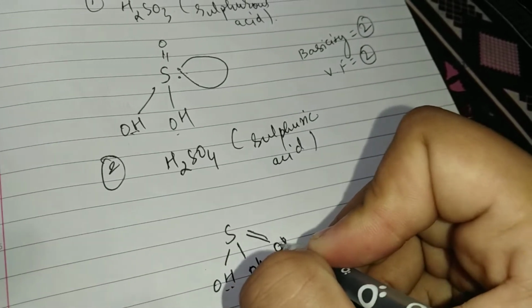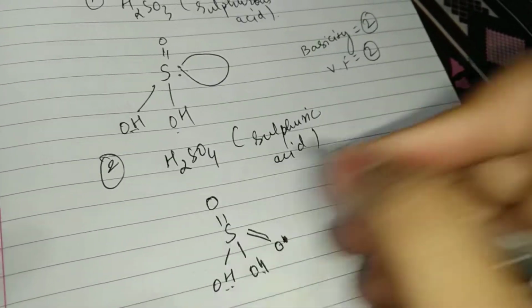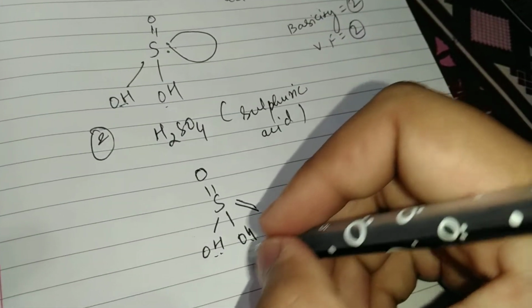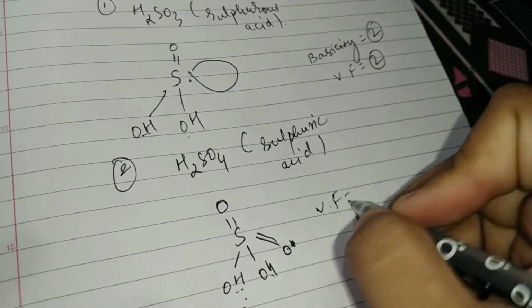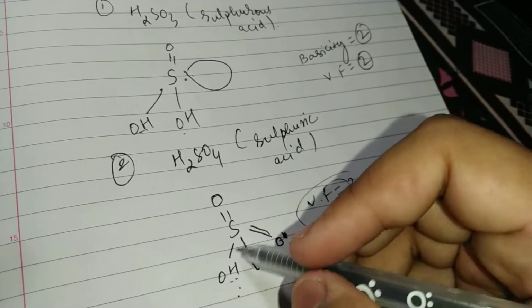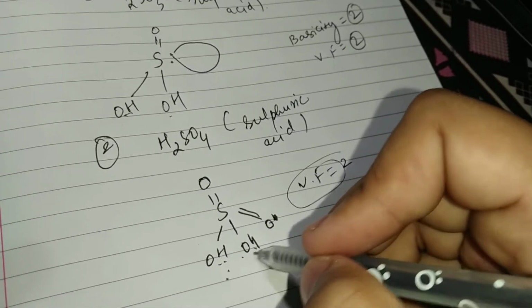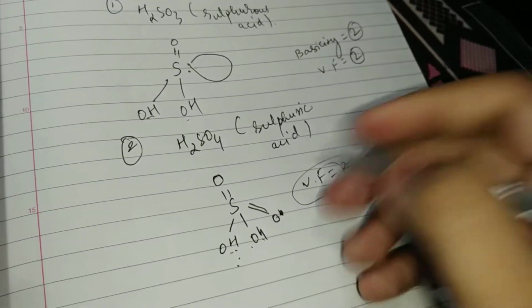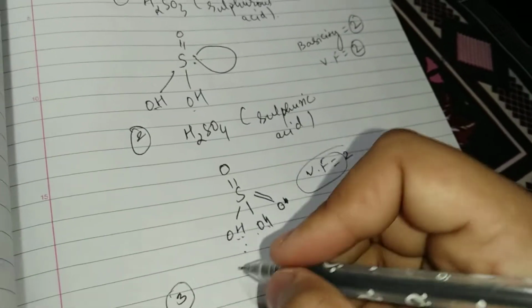Now there will be a double bonded oxygen. Okay. So this is the structure. So this also has valence factor equal to 2, because valence factor means the number of replaceable hydrogens. So this is 2.